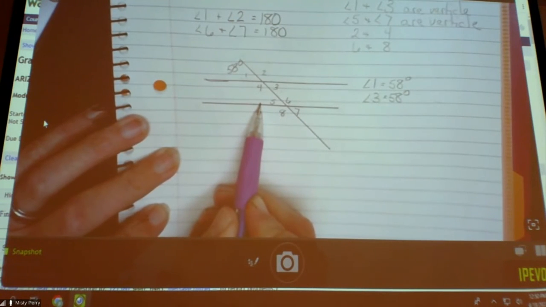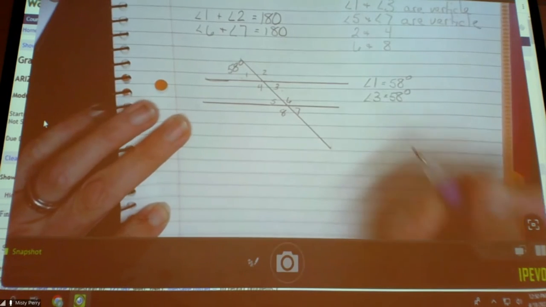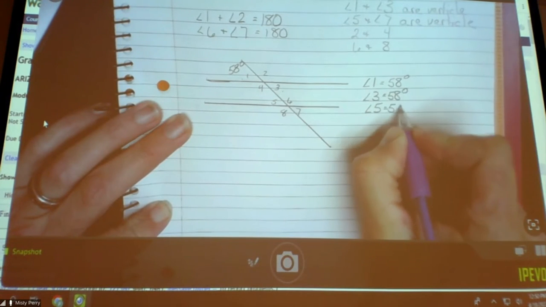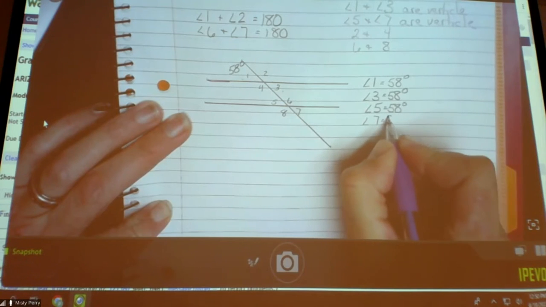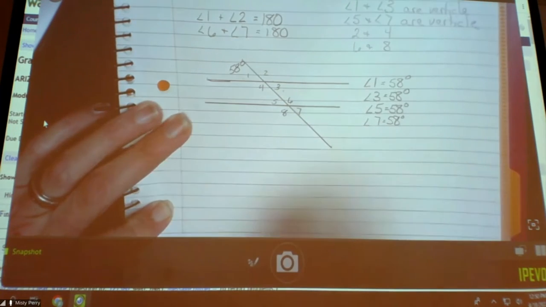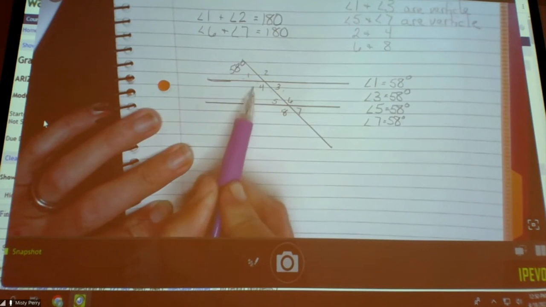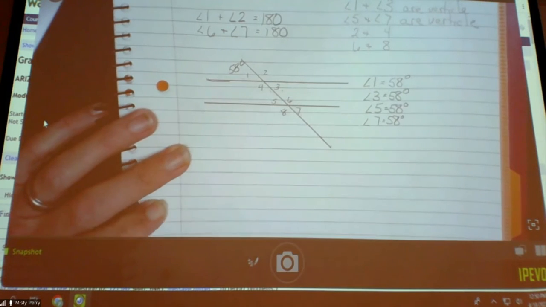I also know that 5 and 7 are going to be 58. That is because these two angles in the middle, they share this line, so this adds to 180. So all the small ones are the same, all the big ones are the same.